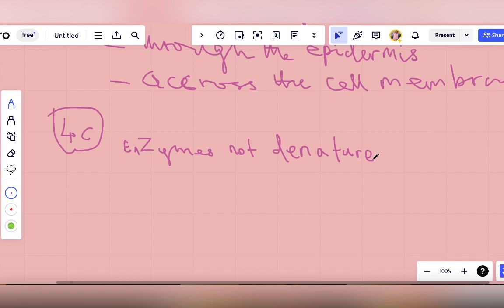So we have to regulate the body temperature so that enzymes remain active and maintain an optimal temperature for usage. Okay, so that the enzymes remain active. To remain active.